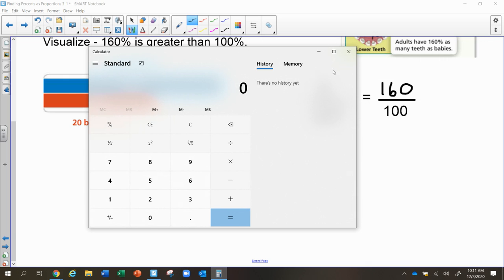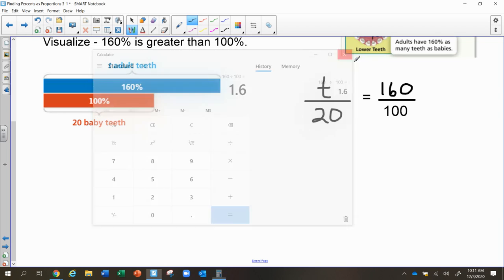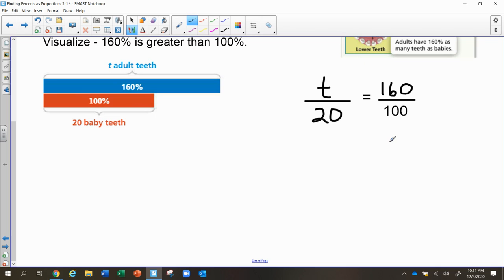I can divide 160 divided by 100 just to double check, and it's 1.6. Some people were putting 0.16, which would be 16%. If it's bigger than 100%, 100% would be 1.00. So this is 1 and 60 hundredths. Okay, so we've got it as a decimal.